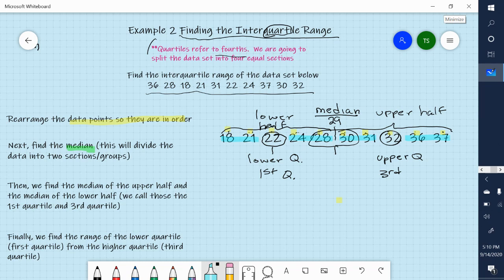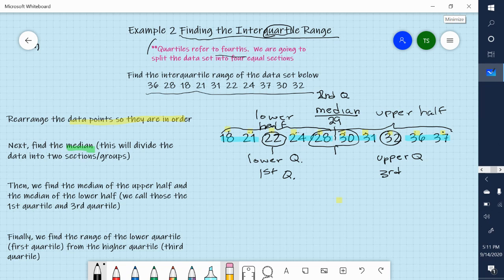Well, first and third, I bet you're wondering, well, what would the second quartile be? Actually, the midpoint would be the second quartile. Oh, my writing is ugly.